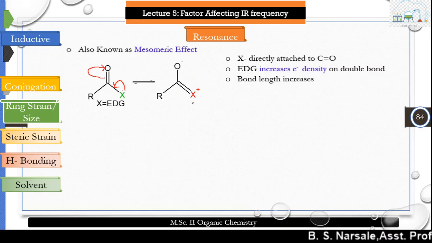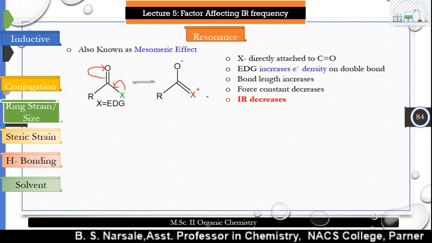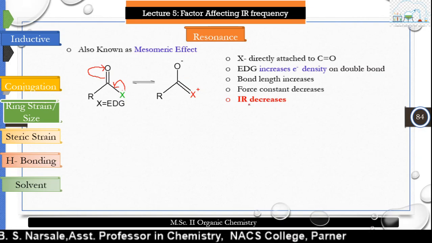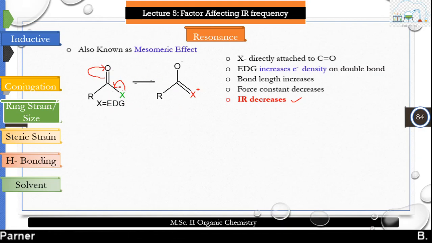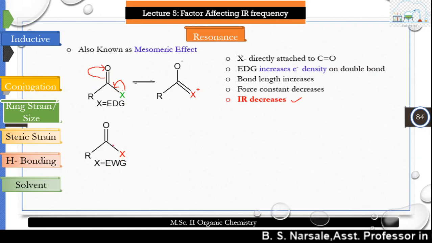This is the resonating structure after donation of the electron. Then what happens? The force constant decreases and the IR value decreases. This is for the electron donating group which is directly attached to the carbonyl group. If we have an electron withdrawing group, what happens?